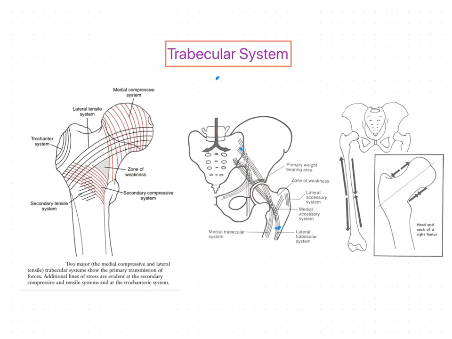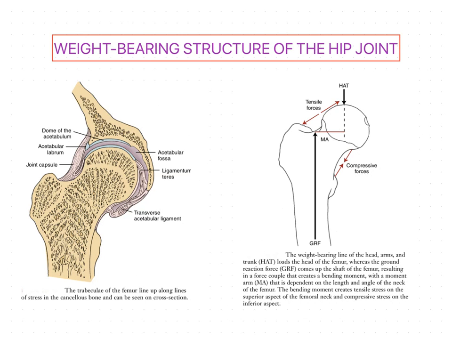Now the trabeculae, what we call the weight bearing lines. The trabeculae are calcified plates of tissue seen in cancellous bone. If you see the coronal section of the bone, you can find peripheral cortical bone, and at the center you can find the cancellous bone.